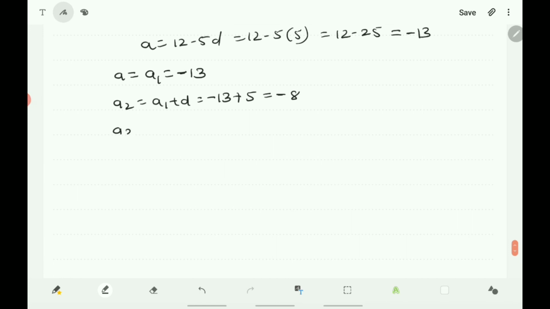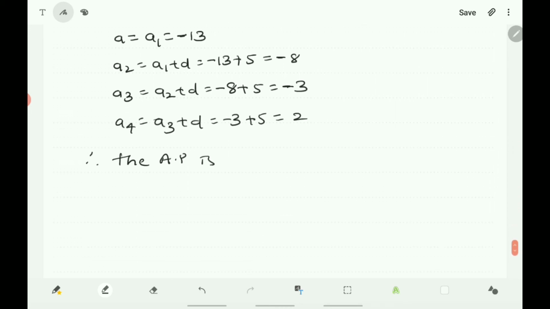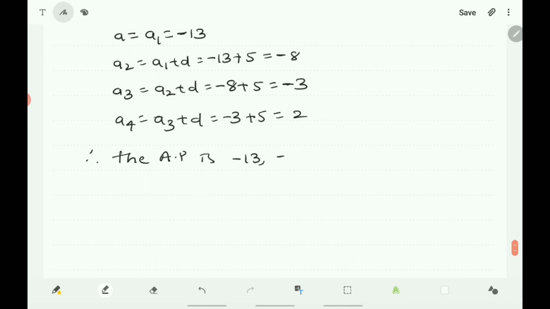Then A3 is equal to A2 plus D, that is minus 8 plus 5, equal to minus 3, and A4 is equal to A3 plus D, that is minus 3 plus 5, that is 2. Therefore, the AP is minus 13, minus 8, minus 3, 2, and so on.